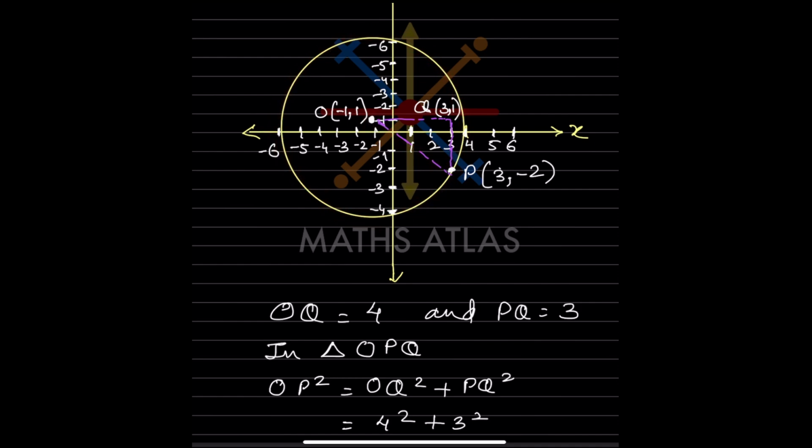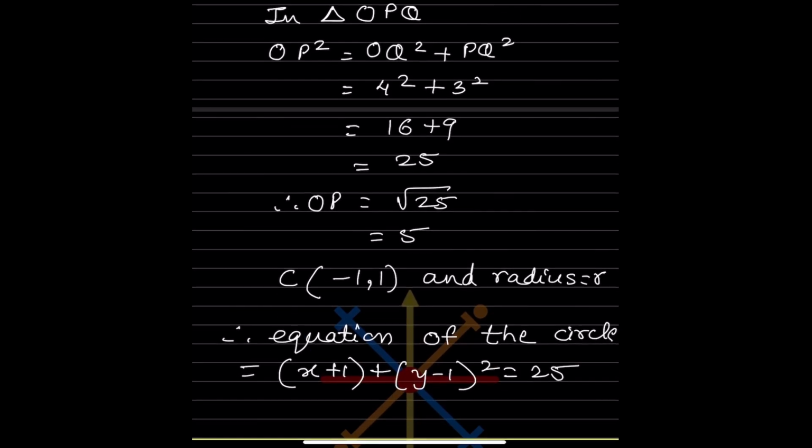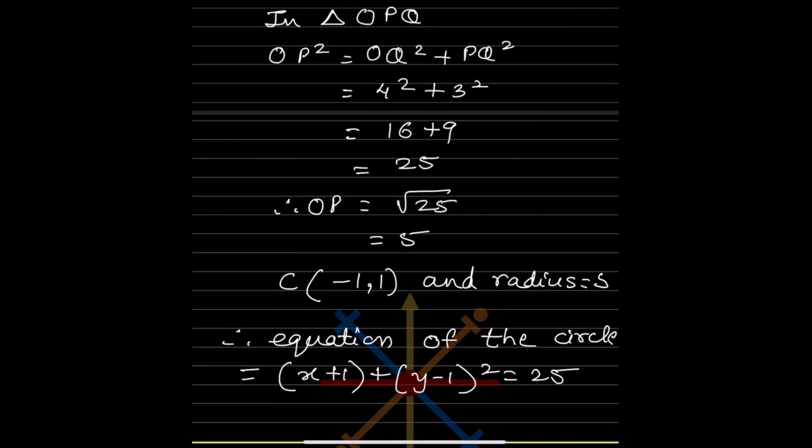So now already you got this as 5. So you can write here, the radius is r, that is 5. We can directly write here 5, so that will be better. So you write here 5.